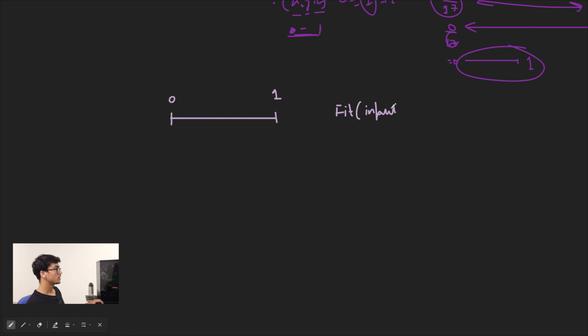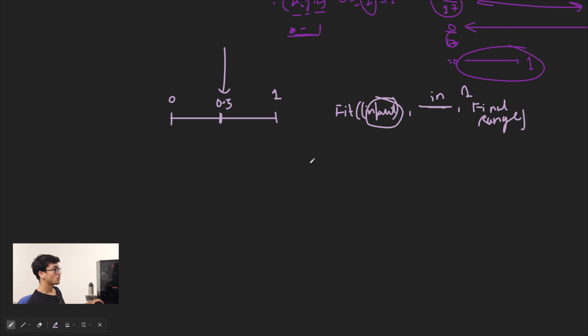So what we are doing is using this input from this range, the initial range, and we are converting it into our final range, right? I will write this, final range.